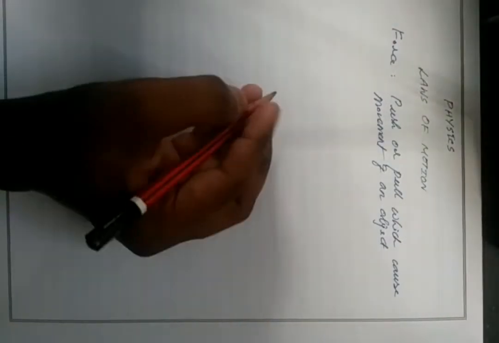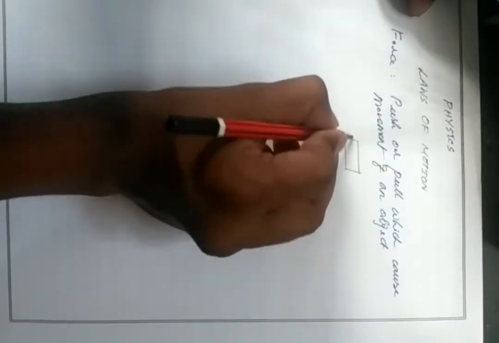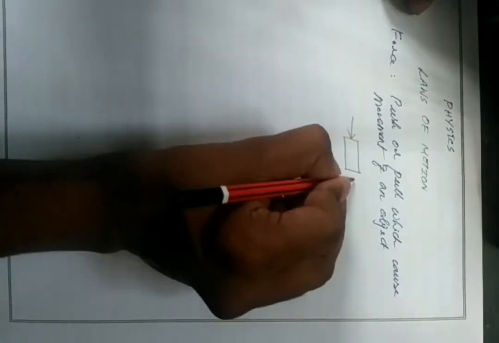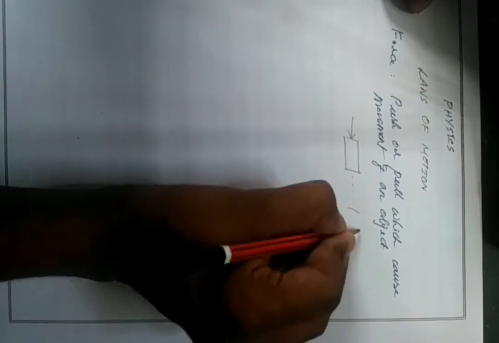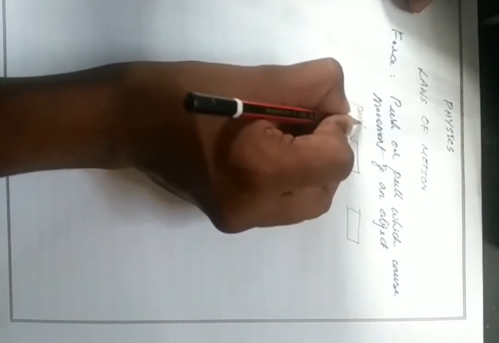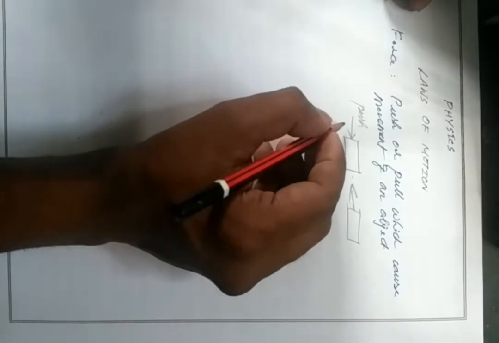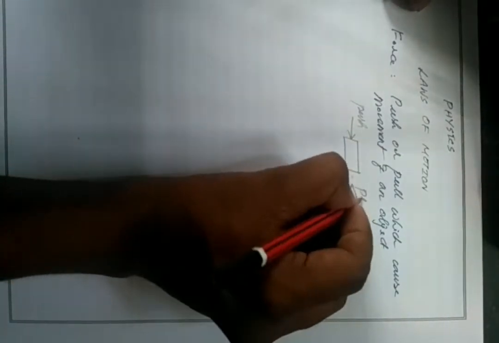By giving a certain push to our object, it will start to move or go to some new place. So this force is push. If we pull the same object, then it will come to its original position. So we can say this is pull.